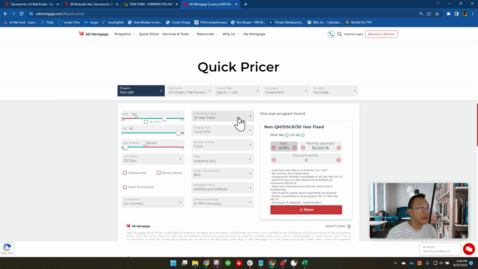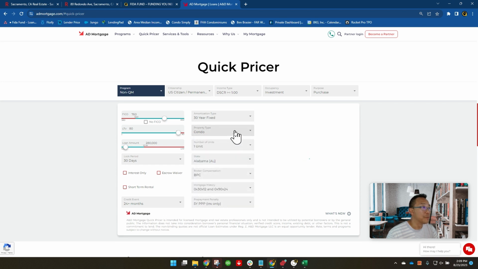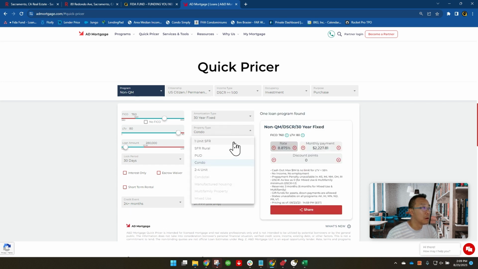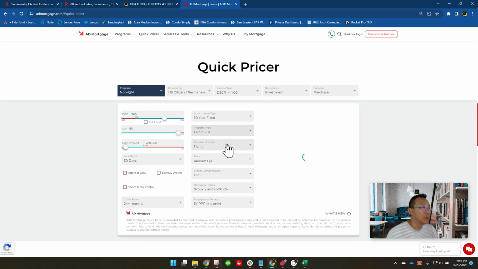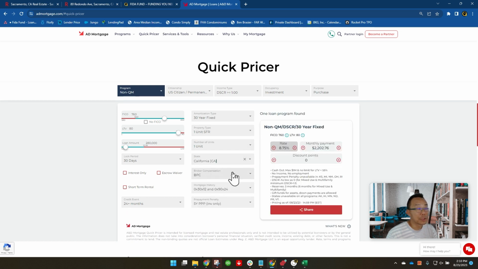And then 30-year fixed, 1 unit, single family home, or it could be a condo if it's a condo. So let's say single family home, 1 unit, the state is California. And don't worry about broker's comp or lender pays comp, but for prepayment penalty, we're choosing 3 years.